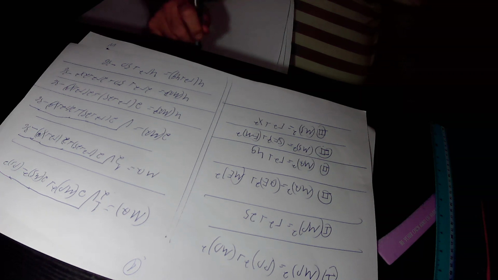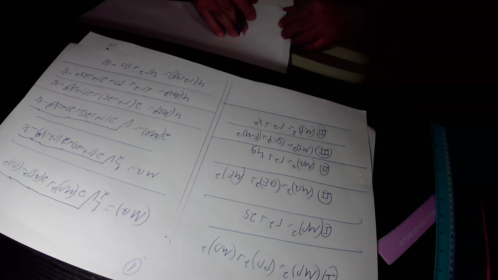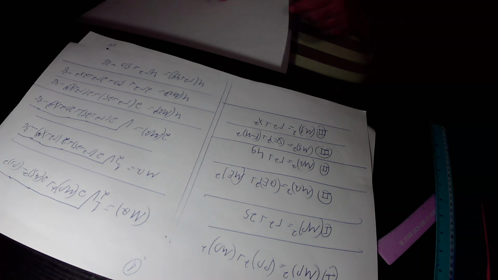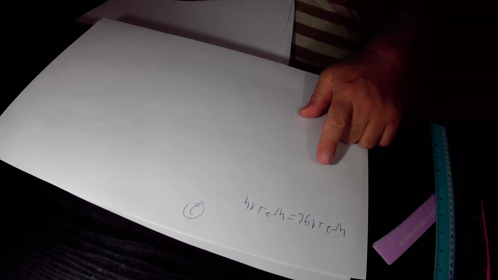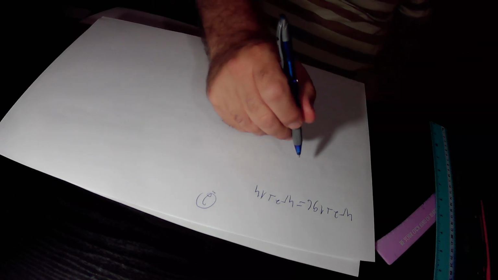So in total, 4 times r squared plus 196 equals 4r squared plus 14. We have 4r squared on both sides of the equation, so 4r squared will get cancelled.